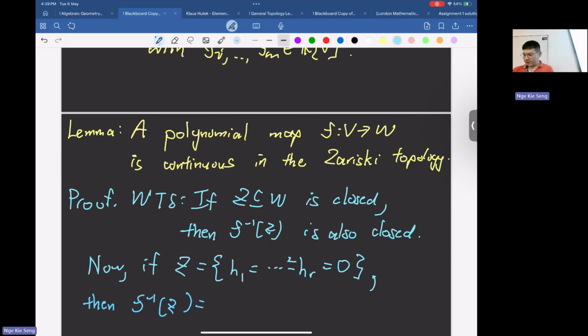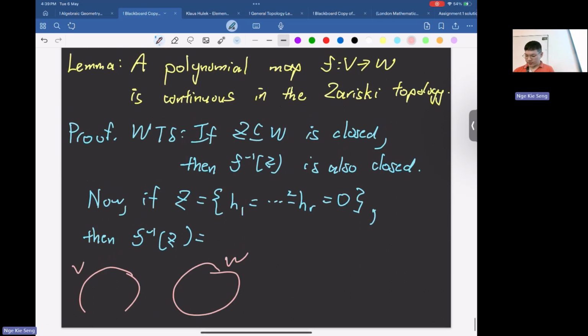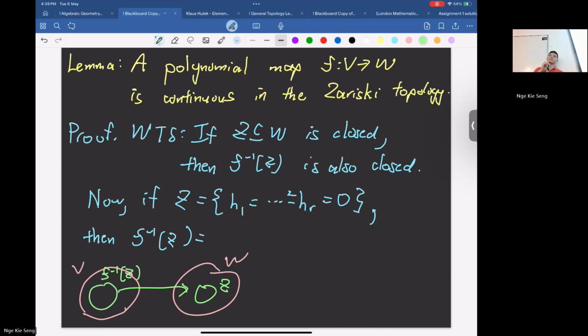What the pre-image means: you've got a V, and then you've got a W. And then you've got a Z here. So what's the pre-image here? f inverse of Z. These are all the points such that when you map across, you have to map into the algebraic set.